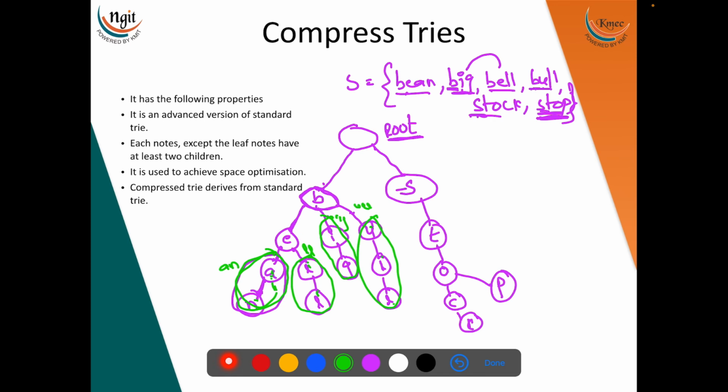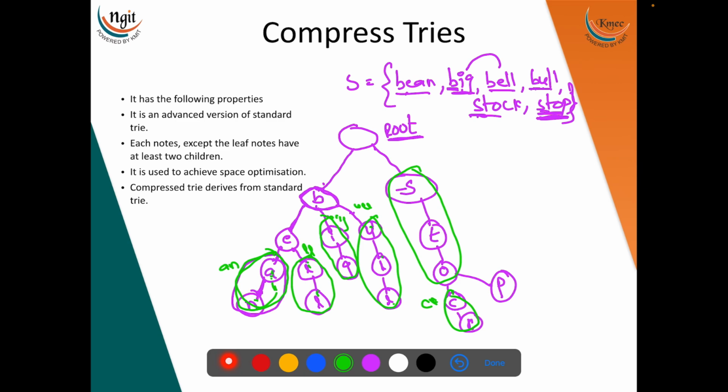Now, in this case, CK can be combined, compressed, and P. And STO also can be compressed. So, the basic rule of this is what? When a node is having 2 or 3 children, you cannot compress that with any node of the value.